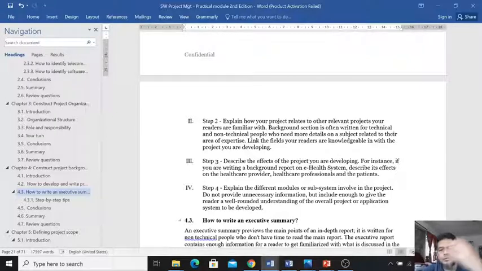So you need to mention the very important modules to the reader so that they can appreciate. Don't explain the very technical modules, for example, system administration.